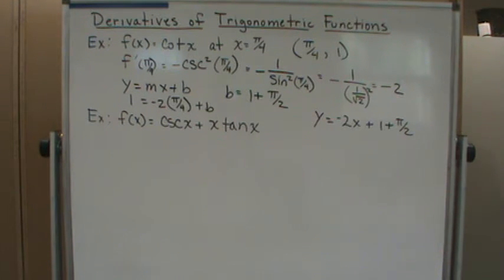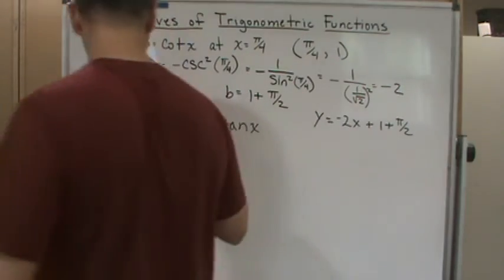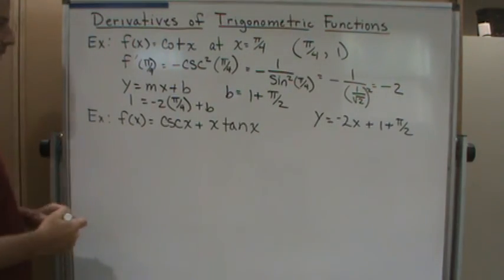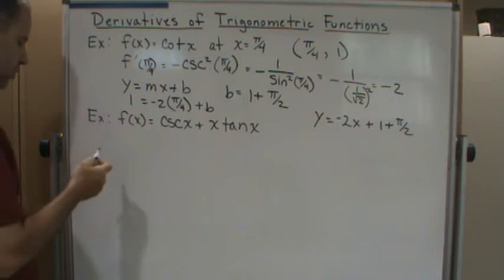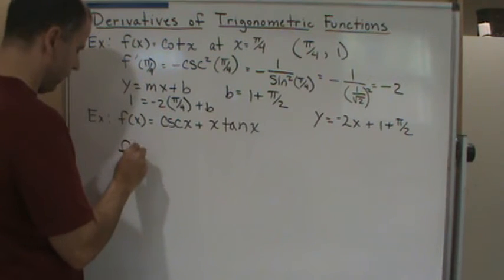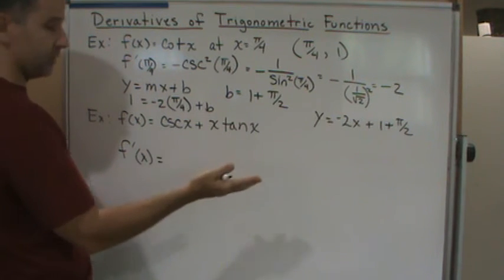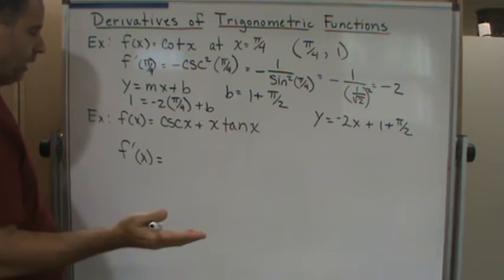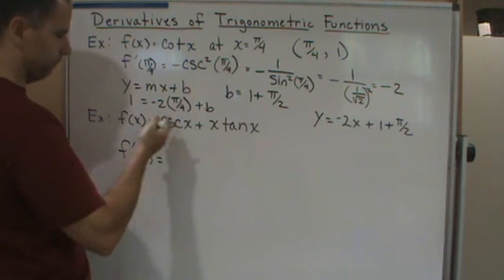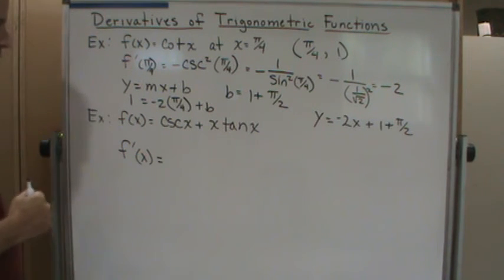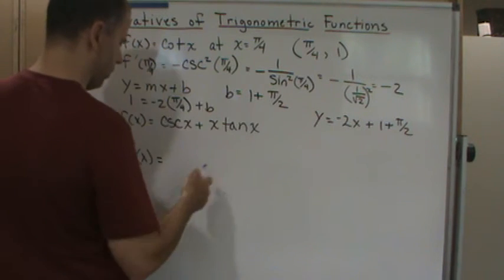Okay, now let's do the next one. The next one just wants us to find the derivative of this function. So f prime of x equals, again, because these are differentiable functions, we can do it term by term.